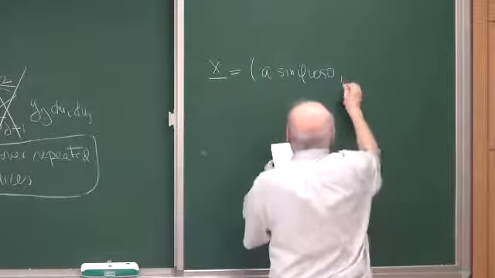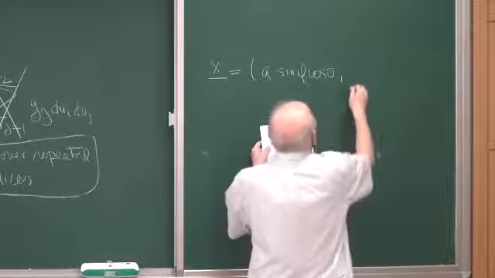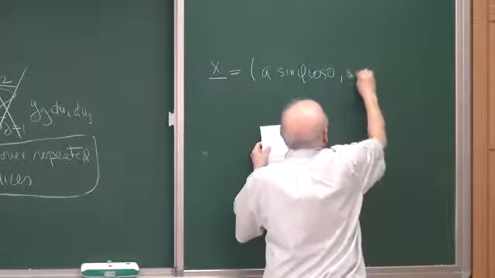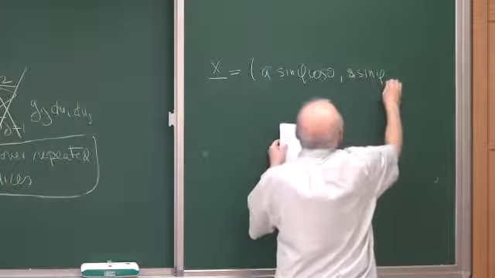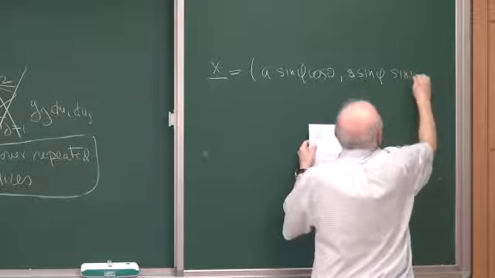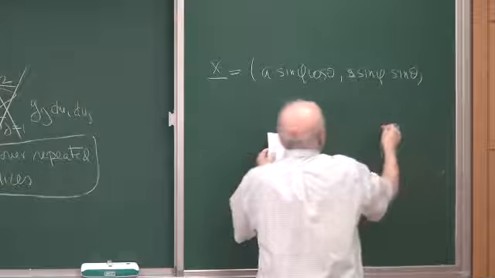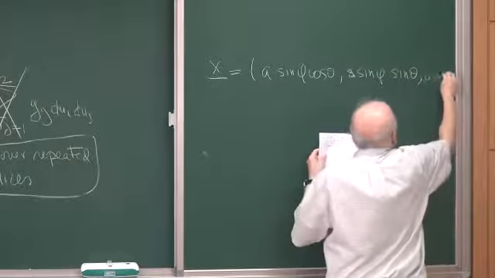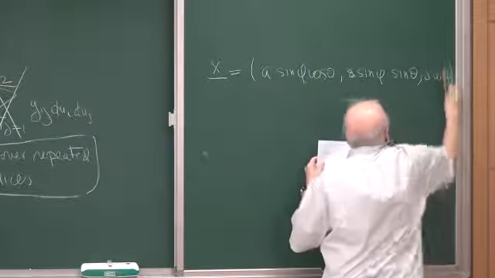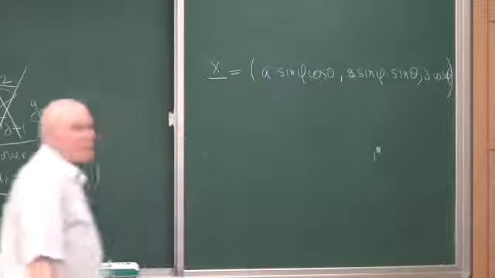If I don't make a mistake. Here I have y equals a sine phi sine theta. And the last one is z equals a cosine phi. I hope that's what I wrote the first time.